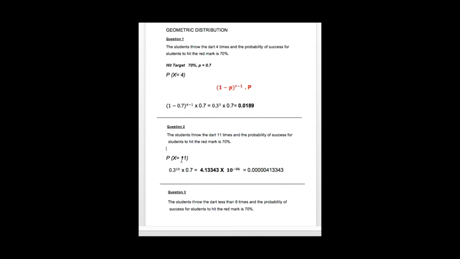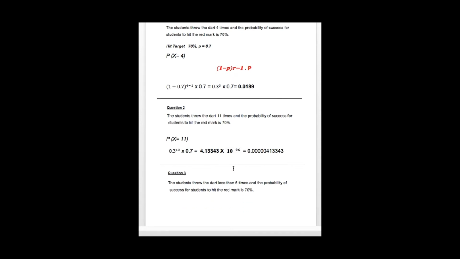Let's say the random variable X is equal to 11, P(X = 11), and we substitute the data same as above, 1 minus P, and solve. It becomes 0.3 to the power of 10 multiplied by 0.7, and the result is very small, 0.0000041333343, or 4.133343 multiplied by 10 to the power of negative 6. It's a very small probability of success.